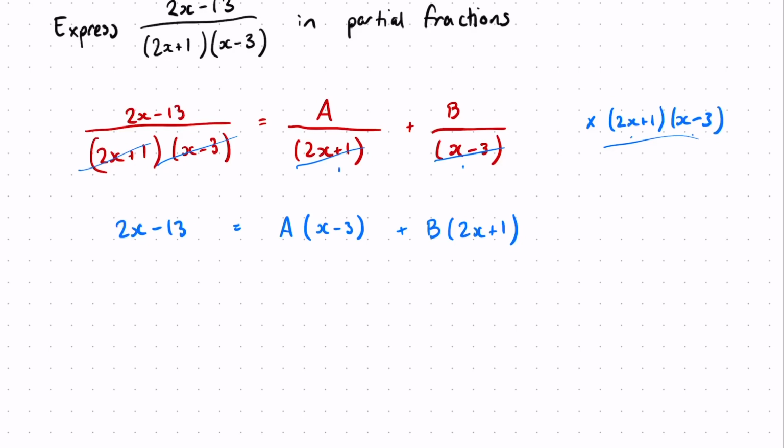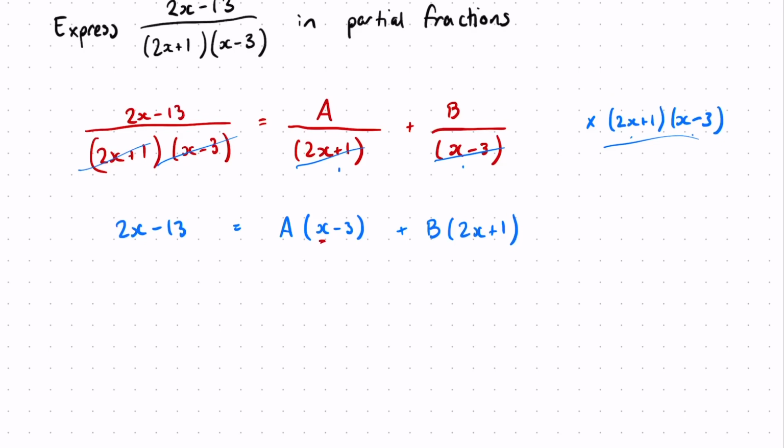So I've got a times (x minus 3) and I've got b times (2x plus 1). So if I can make my x minus 3 become a 0, I will get a times 0 and eliminate my a. So what would the value of x be that would allow me to eliminate this bracket here?